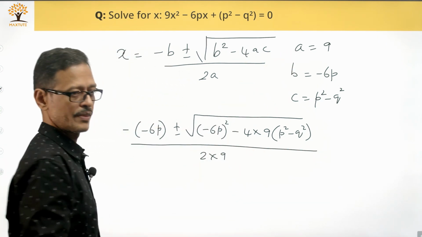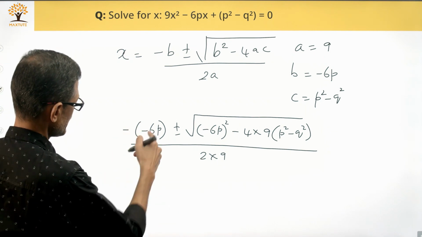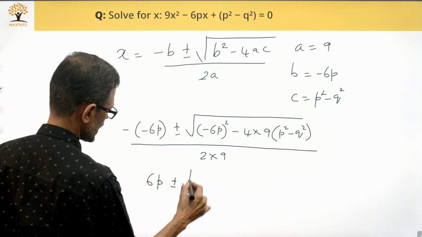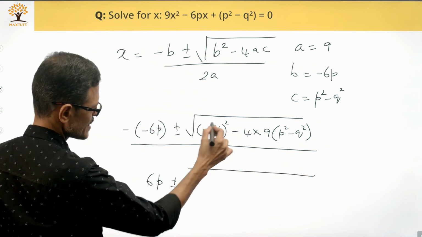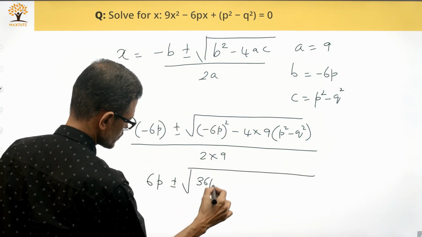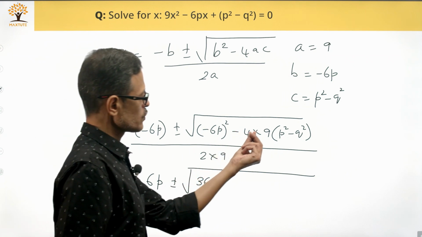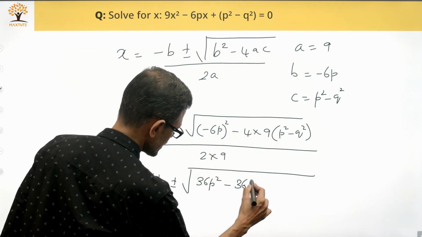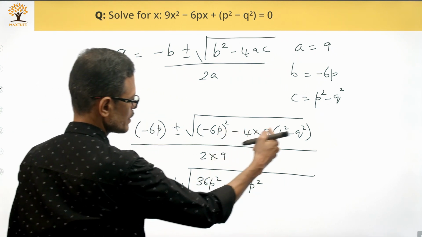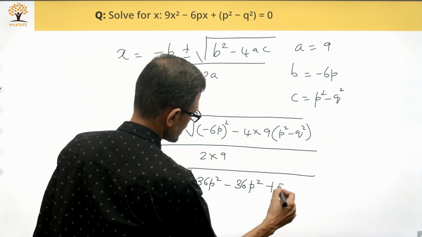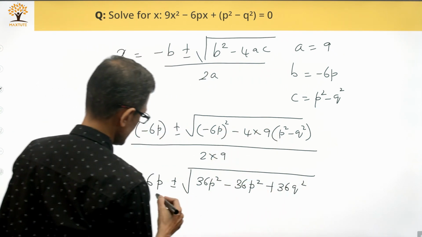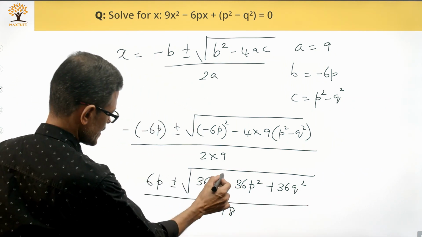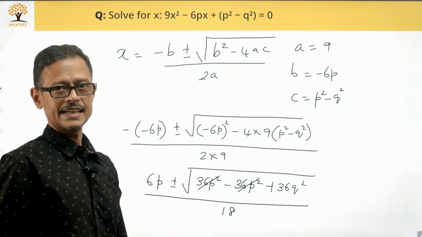So minus of minus 6p will make it plus 6p, plus or minus square root of minus 6p the whole square is 36p square, minus 4 into 9 is 36, into p square is minus 36p square. Minus of minus will make it plus, so plus 36q square, divided by 18. 36p square minus 36p square will get cancelled.